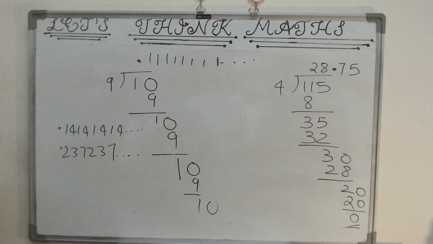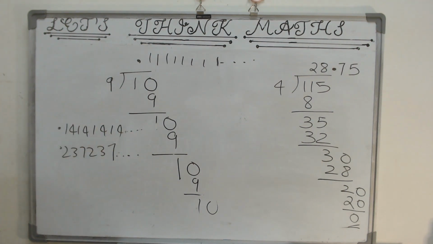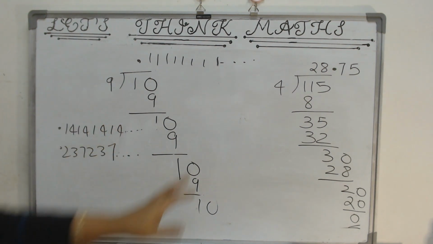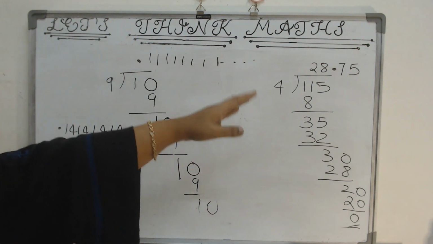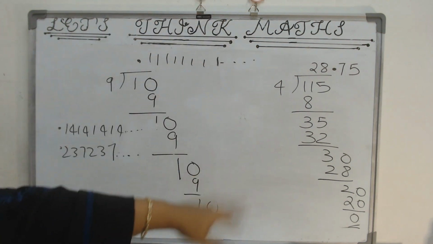What do you mean by non-terminating? It does not end. It goes on and on and on. Recurring means the same set of numbers happens again and again. But you don't have to worry about that now. For now, the questions you will be given, you will always be able to reduce your non-zero remainder to 0.